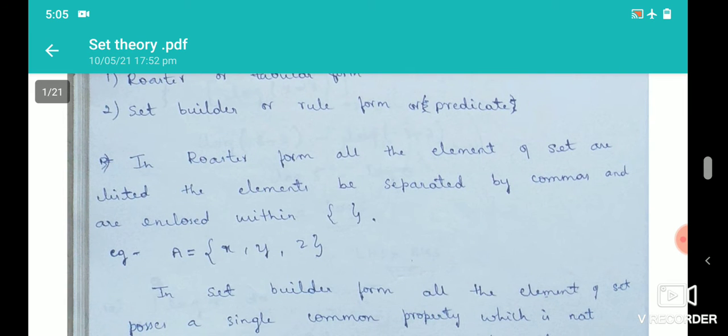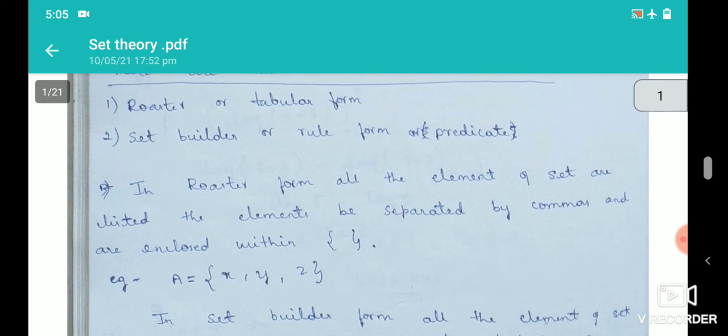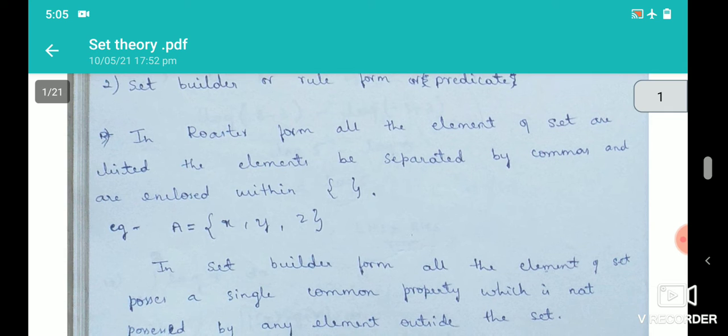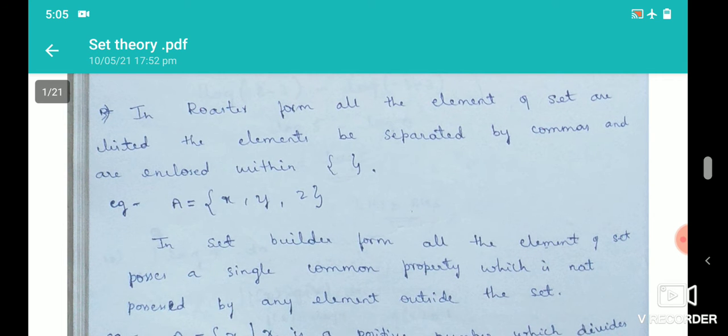In this tabular form or roster method, we place all the elements of the set, separated by commas. So in roster form, all the elements of a set are listed, separated by commas and enclosed within curly brackets.